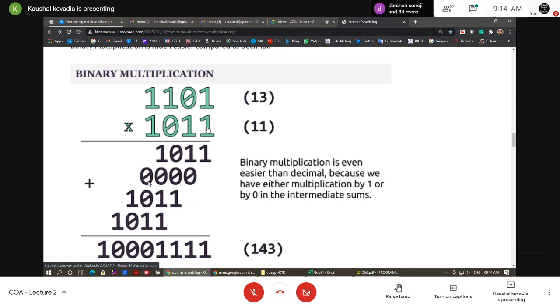First number is 1. I want to check from the right hand side. Okay, what is the first number from the right hand side? Sorry. Yeah, just a minute. I think there are some changes between the book and this slide.